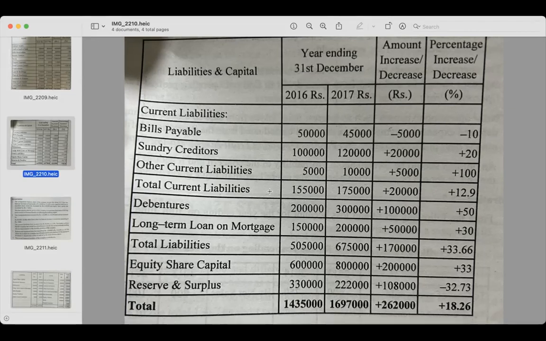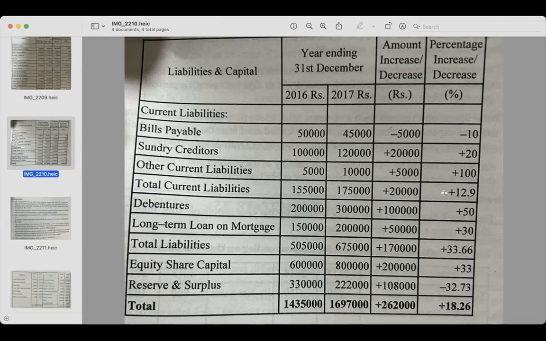Then total current liabilities, 1,55,000 in the first year, that is 2016. By the second year, 2017, it became 1,75,000. So 20,000 is increase, denote it with plus. By 1,55,000 gives you 12.9%.